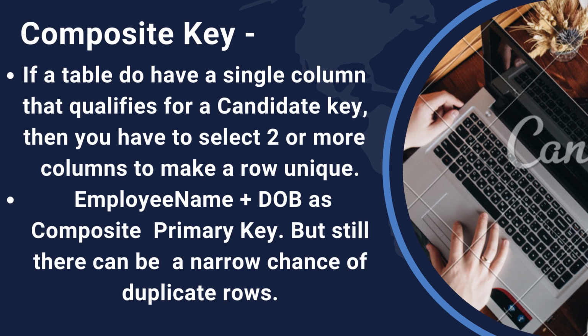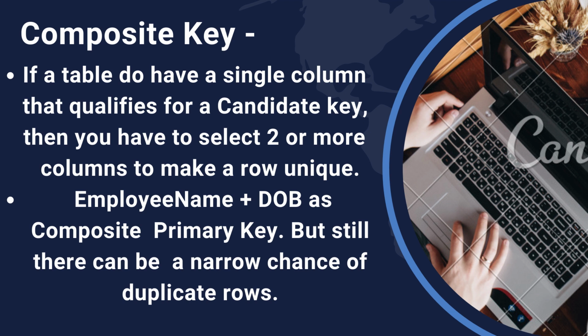Composite key. A composite key is used when a natural primary key is not present in a table. If a table does not have a single column that qualifies as a candidate key, then you have to select two or more columns to make a row unique.